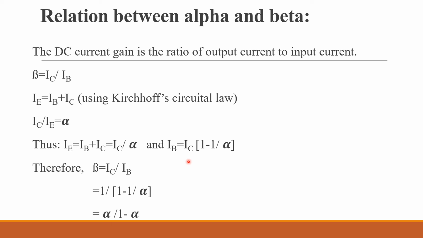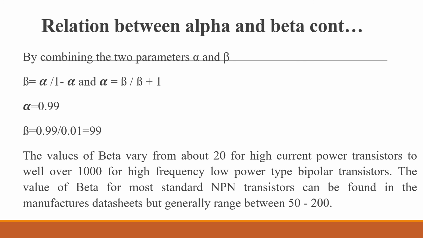So this will be 1 upon (1 by alpha minus 1), which is equal to alpha upon 1 minus alpha, and this is nothing but beta. So beta is equal to alpha upon 1 minus alpha, and alpha is equal to beta by beta plus 1.